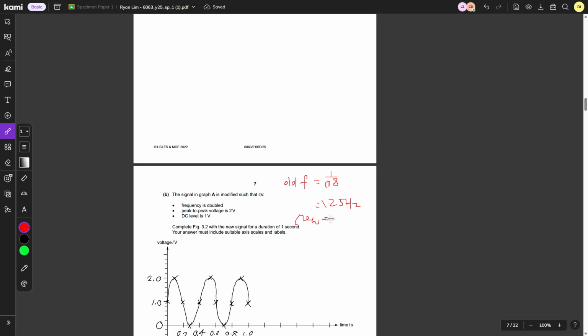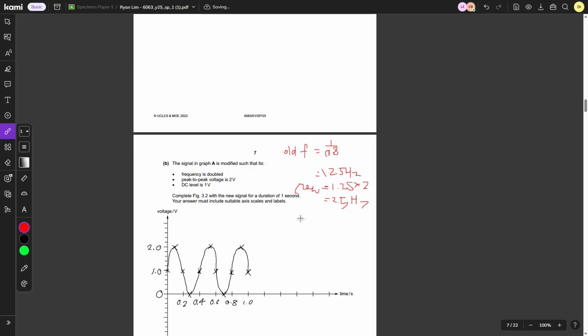So then the new frequency will be 1.25 times 2, which would be 2.5 hertz. And then with this we can work out one period. So one period, T represents period, will be 1 divided by 2.5, which is 0.4.